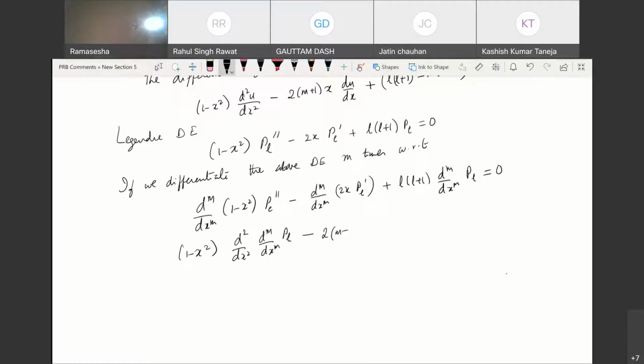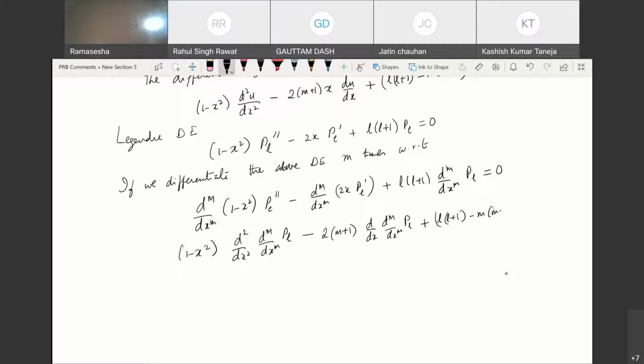So if you do that, then d by dx of 1 minus x squared d m P L by dx m, plus L into L plus 1 minus M into M plus 1, d m P L by dx m equals 0.